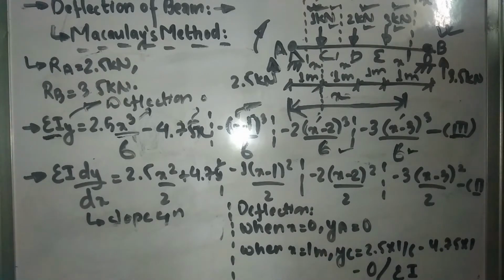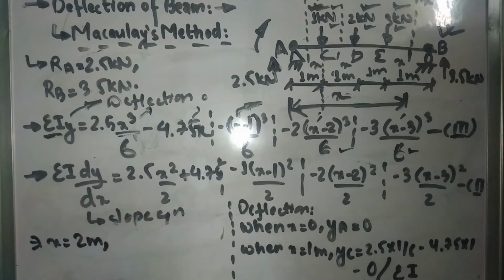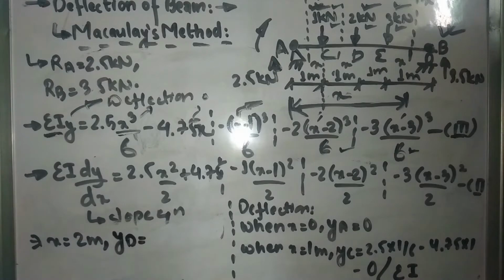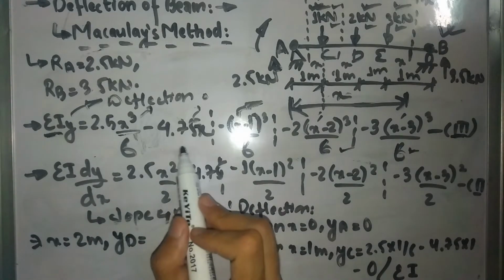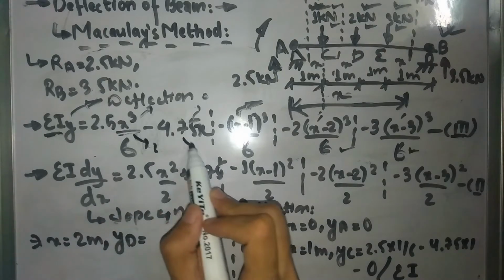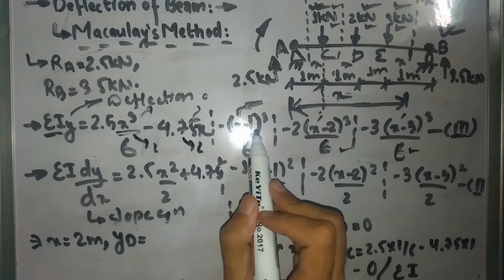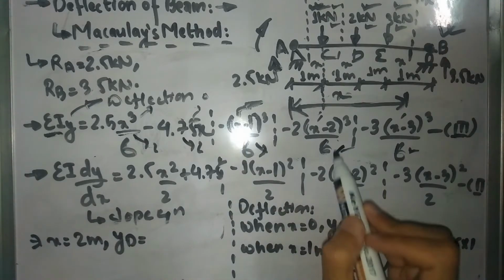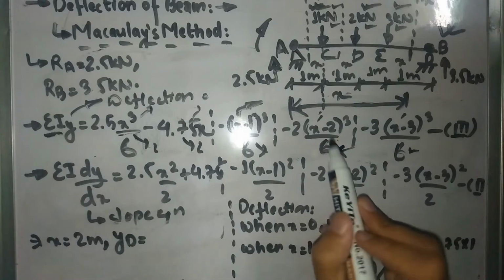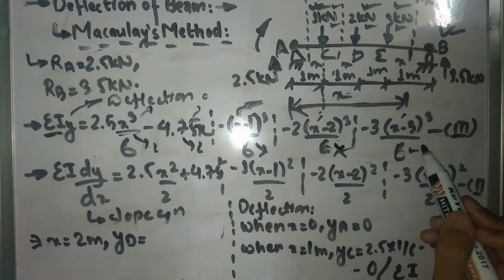In this way you can calculate deflection at other points as well. Let me do it quickly. When x equals 2 meters, we get deflection at point D, yD. We simply put 2 here: 2.5 into 2 cube divided by 6, minus 4.75 into 2, plus 2 minus 1 is 1, cube by 6. 2 minus 2 is 0, so we don't include that term, and 2 minus 3 would be negative, so we ignore that term.